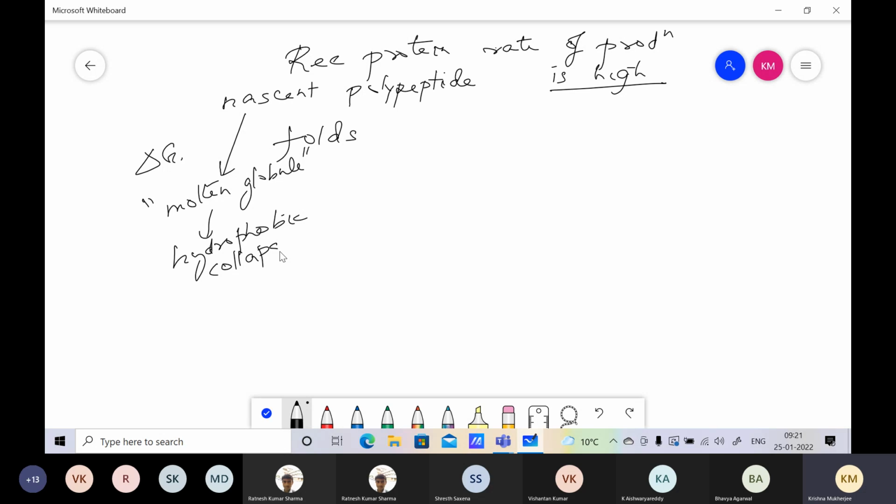All amino acids which are essentially hydrophobic would try to go into the core of the protein when it folds. They would like to hide from water. The hydrophilic residues will go outside. So there is a hydrophobic collapse, which is essentially the hydrophobic amino acids rushing inside to get away from water, and the hydrophilic residues being attracted by water, and so there is a natural tendency to fold correctly.